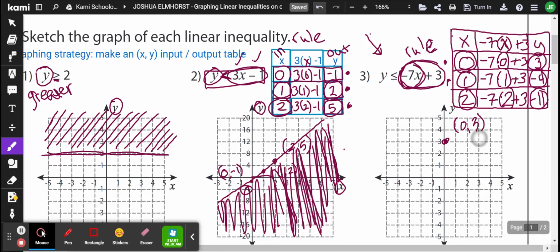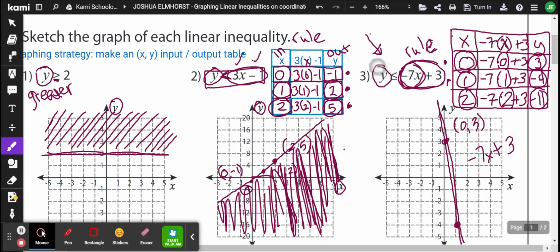We're going to go over 1 and then down 4. And then the other one is not going to be on the graph. So we can do our best to connect those lines. So we're going to connect the line, and that is negative 7x plus 3 is our line.